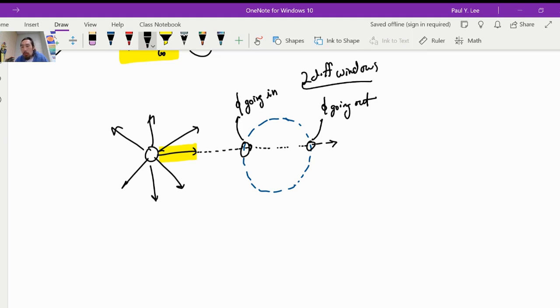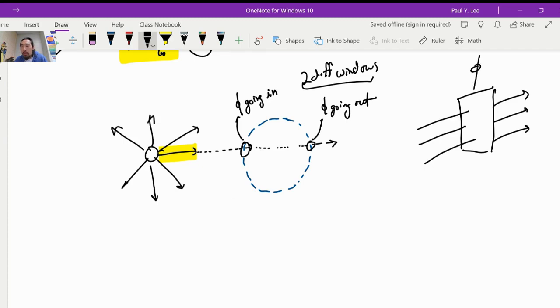This is the flux for two different windows compared to here, when we just had one window, right? So this is our original idea from the previous video. This is only one window. So the amount of E field going through this one window gives us flux. But here we have two windows. So here we have flux going in, and here we have flux going out. And because of that, the total net flux here is 0.